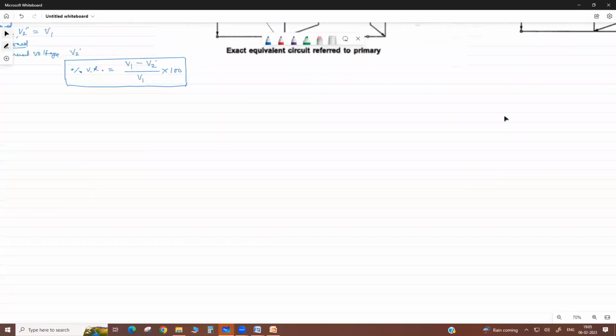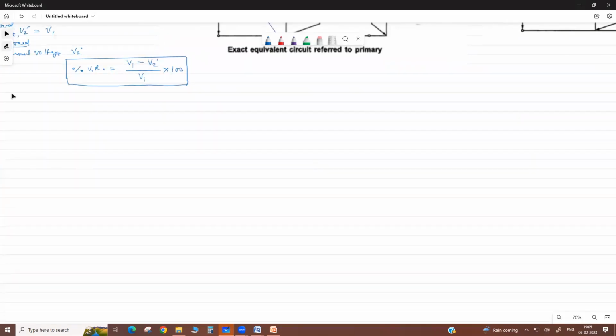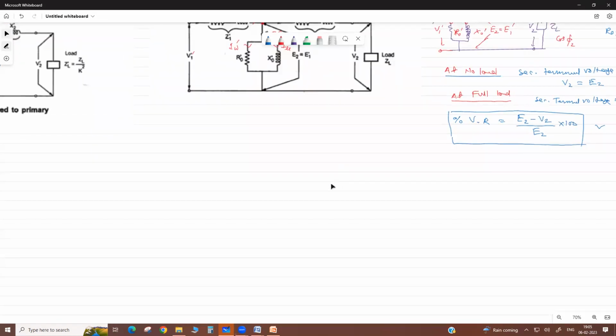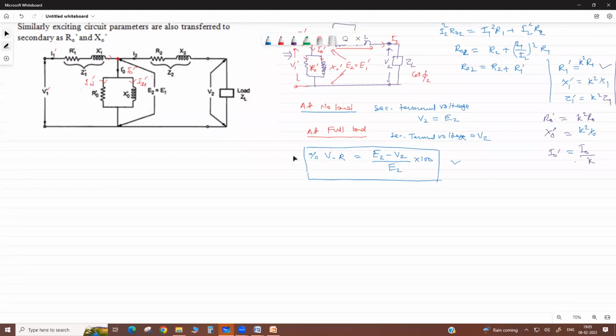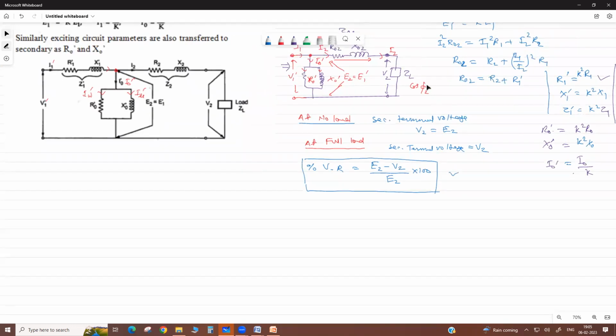Now we can calculate this by your phasor diagram. Here we use this circuit. Suppose we consider the load power factor is phi 2, a lagging power factor.